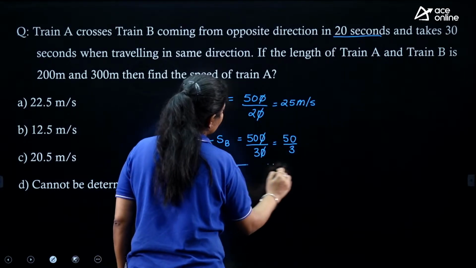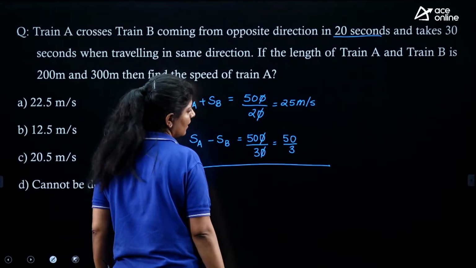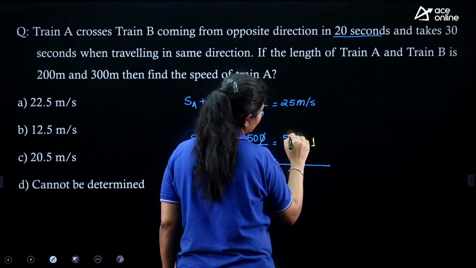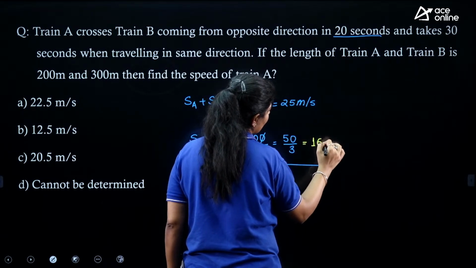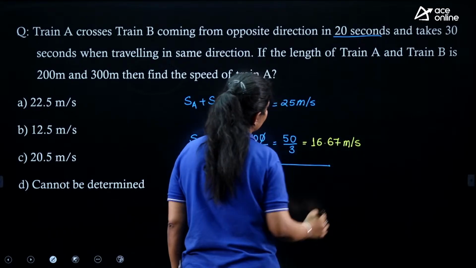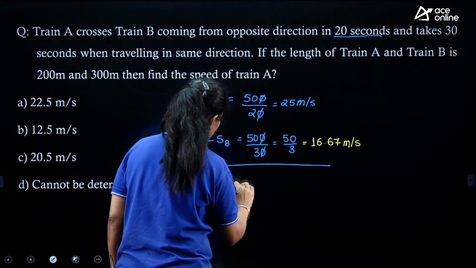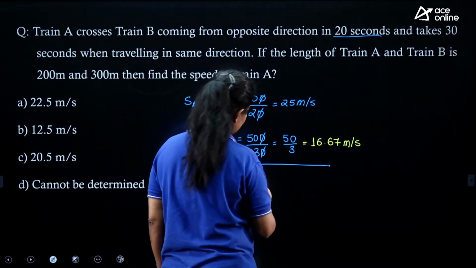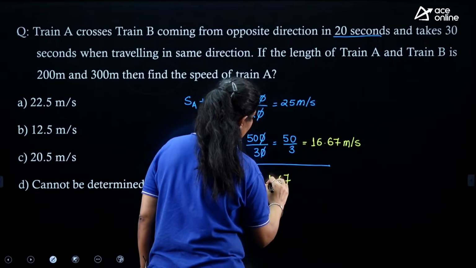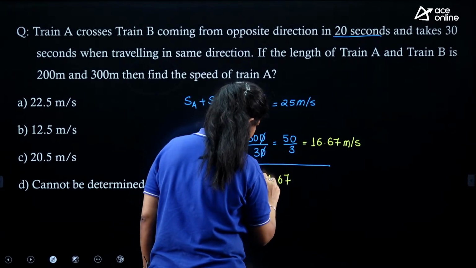So when you are going to solve this, what value are you getting? We can write it as 6.67 meters per second. So when I add this value, twice of SA is equal to 41.67.